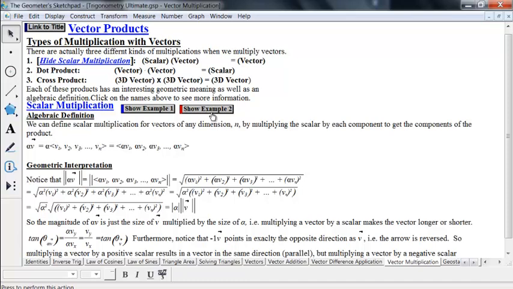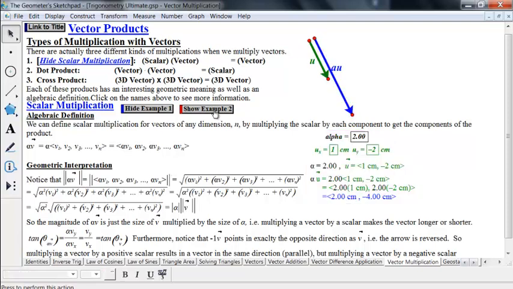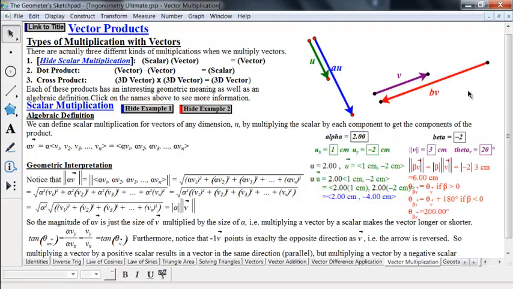Review: in component form, you just multiply all the components by the alpha. In magnitude and direction form, you multiply the magnitude by the absolute value of the scalar. The angle theta will stay the same when the scalar is a positive number, and if the scalar is a negative number, then the angle will be in exactly the opposite direction.